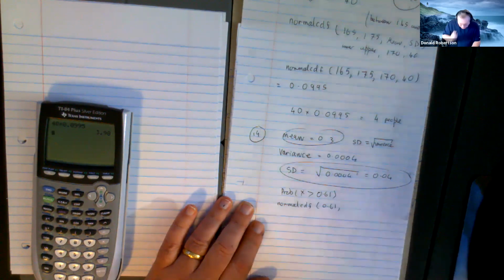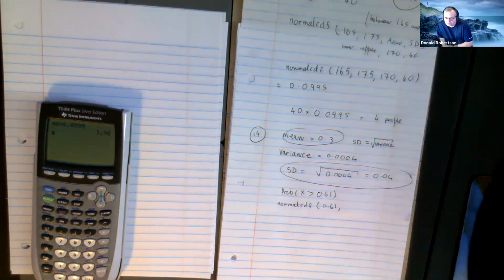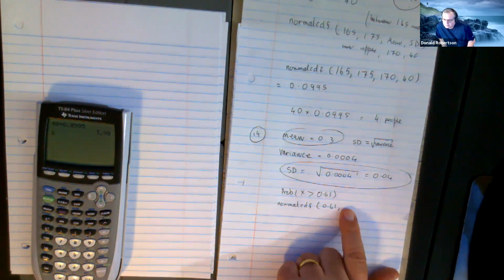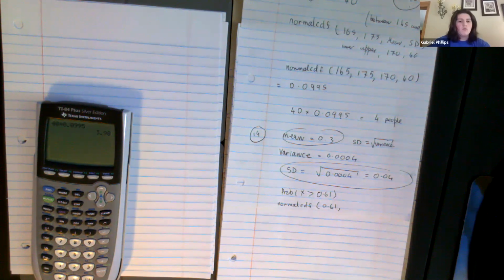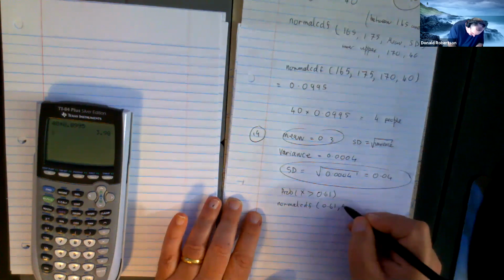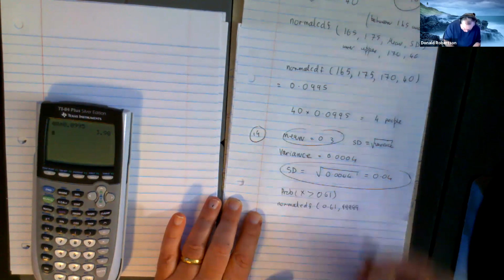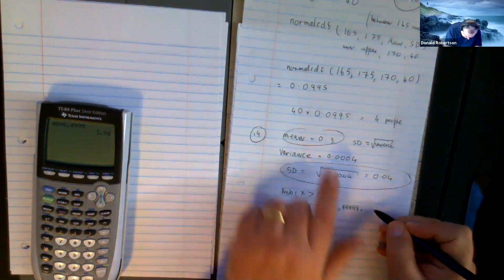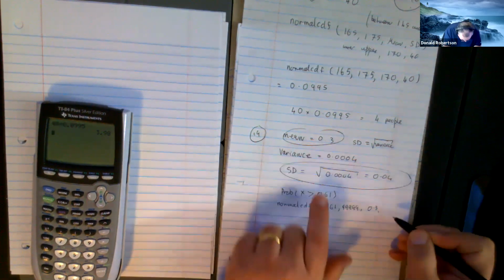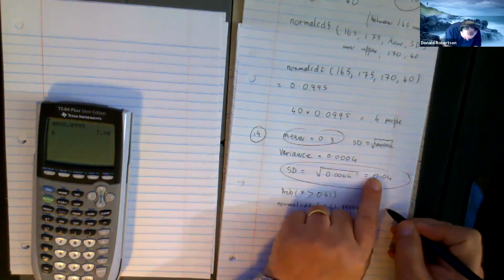What number do you put after the 0.61 then if you want something to be bigger than it? We put a special number here. What do you put when you want that? Was it like 99991? Yeah, as many nines as you feel you want. That's plenty. Probably more than you need. And then you put in the mean, which is still 0.3, but you don't put in the variance, you put in the standard deviation.